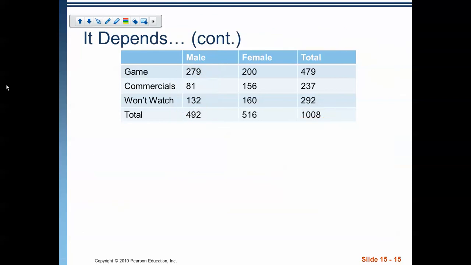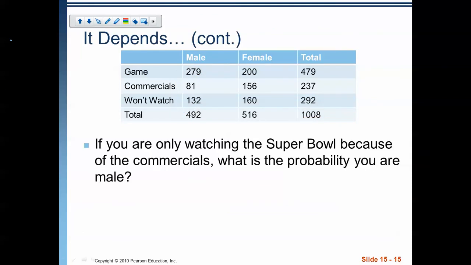Let's look at a couple more problems here. So if you are only watching the Super Bowl because of the commercials, what is the probability you are male? Again, we have a given condition being set here. We're talking about only people watching the Super Bowl because of the commercials. So what's the probability you're male? We're saying, what's the probability of being a male given that you're only watching for the commercials?